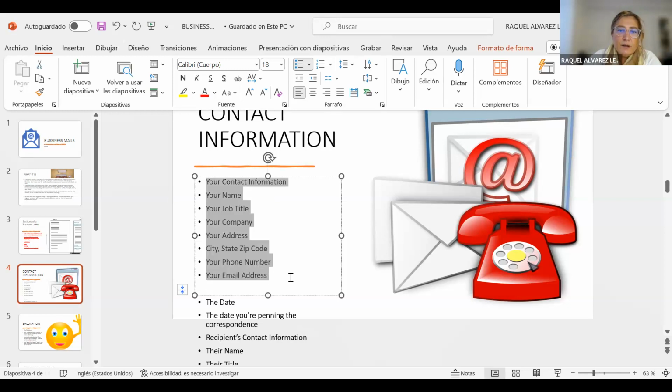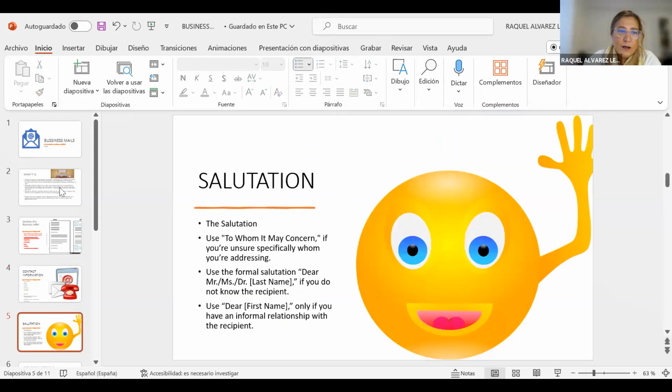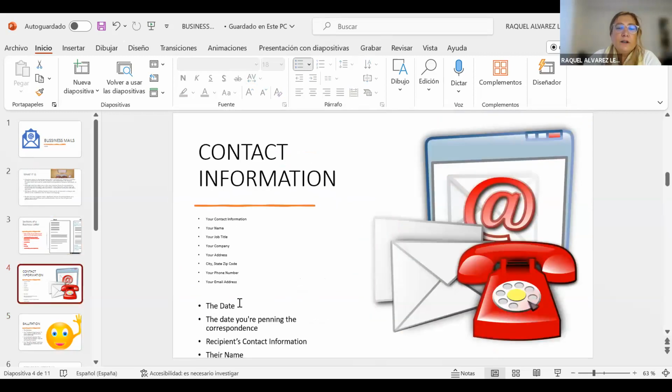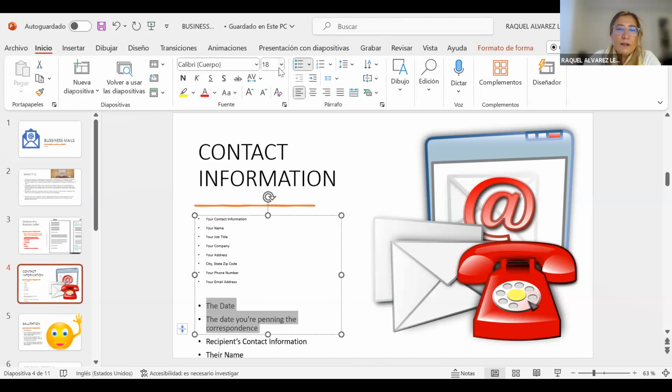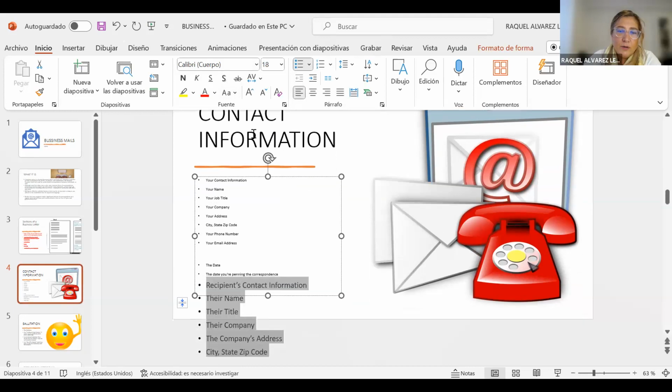So in the business correspondence, you should include this. And in the other one, you have to write the date you are writing your letter, to know the recipient's contact information, so the name and the data of the other company, the same as you have done with yourself, okay?